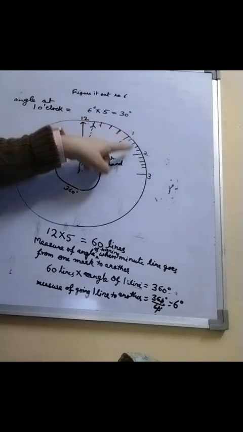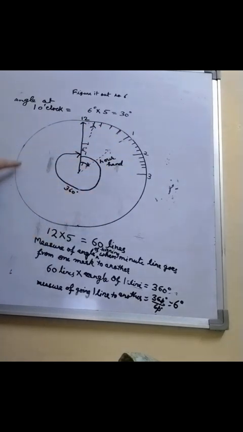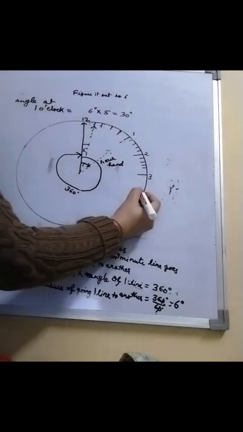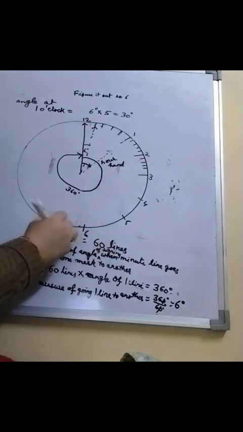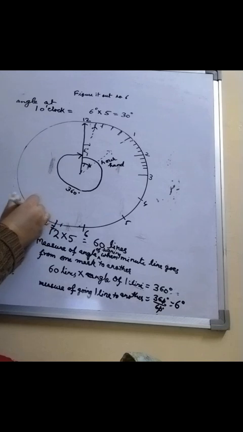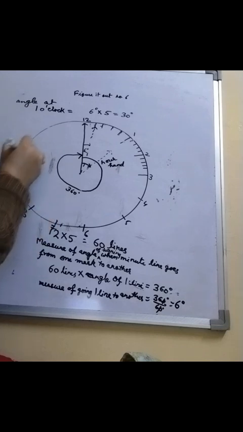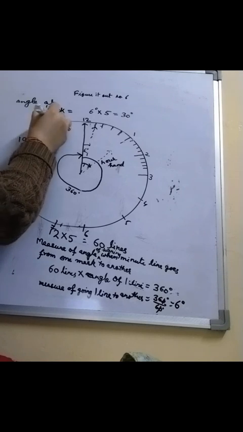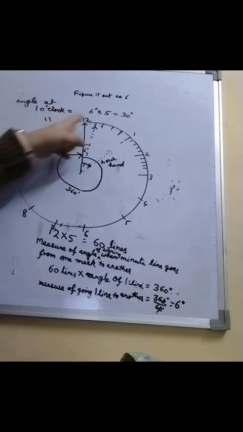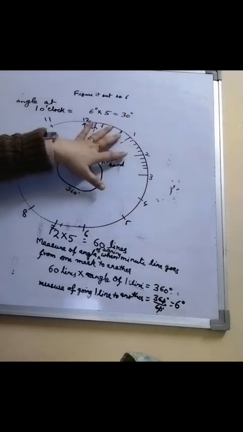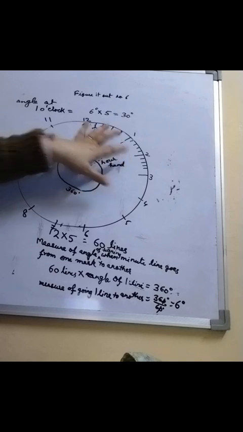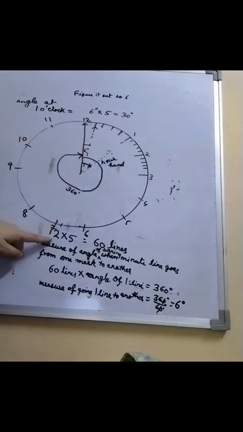Because you are going from 1, 2, 3, 4, 5, 6, 7, 8, 9, 10, 11 and 12. It is like this. Total readings are 12. For the marking between two readings, that is 12 and 1 or 1 and 2, how many lines are there? There are 5 lines. So total lines becomes 12 into 5, that is 60 lines.